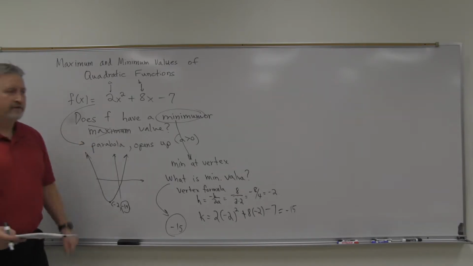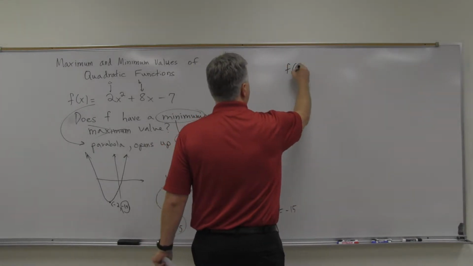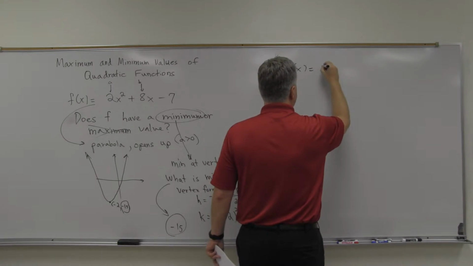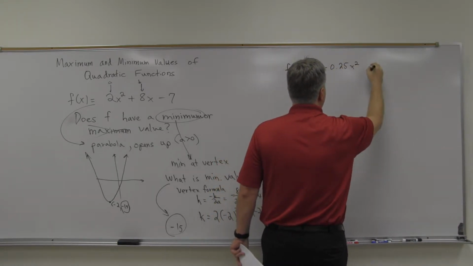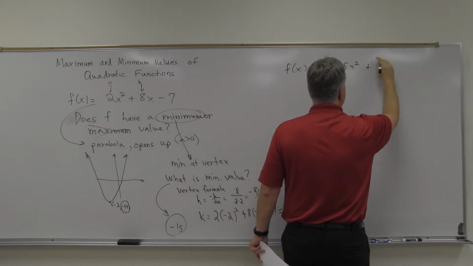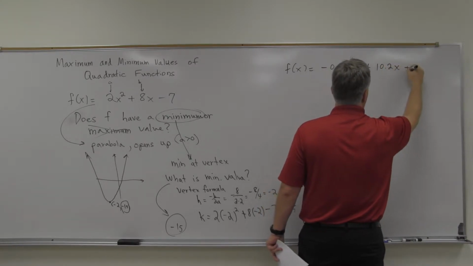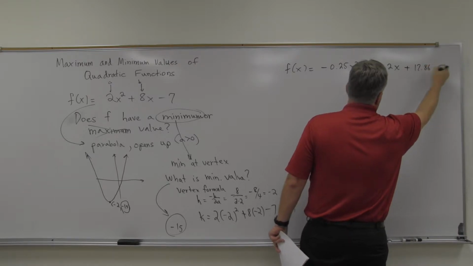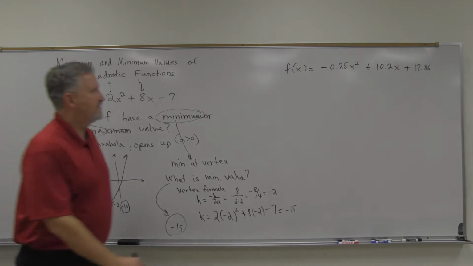All right, let's look at one. Let's say we've got f of x equals, let's just do negative 0.25 x squared plus, let's go 10.2 x plus 17.86. Just making something up, all right.